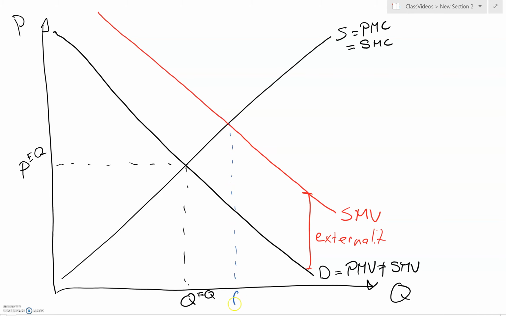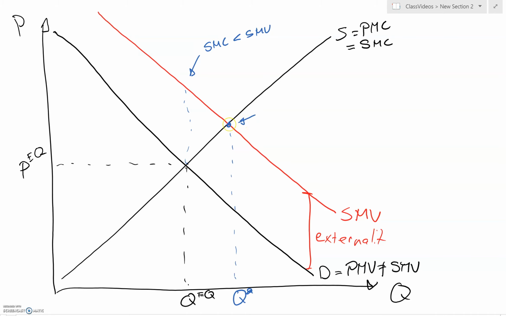We need this quantity to be produced, right? In the context of flu shots, if we just left people to follow their own private incentives, not enough people would get flu shots. The reason in the model is that at the equilibrium quantity, social marginal cost is less than social marginal value, so we'd do better by producing more.